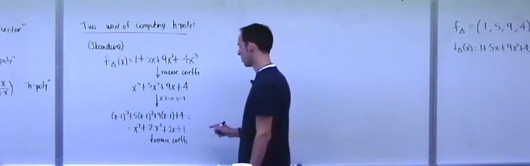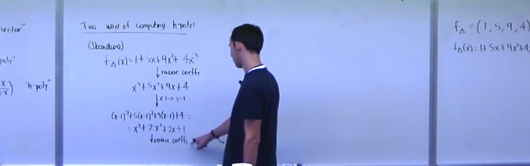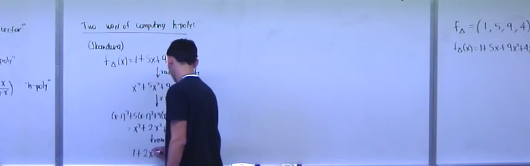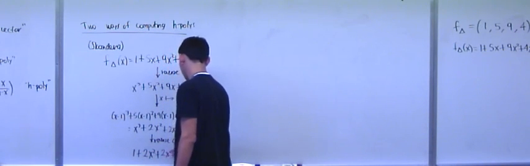And so when you do that, you get 1 plus 2x squared plus 2x plus x cubed.